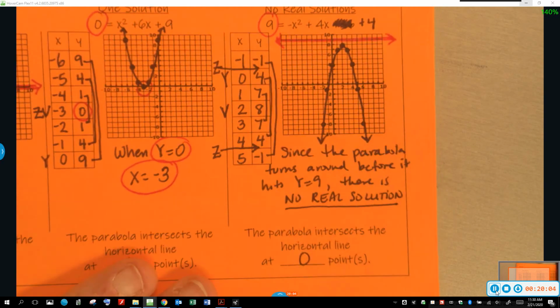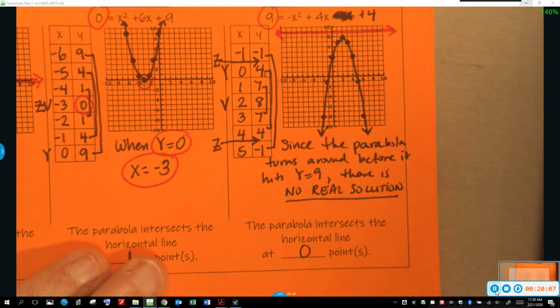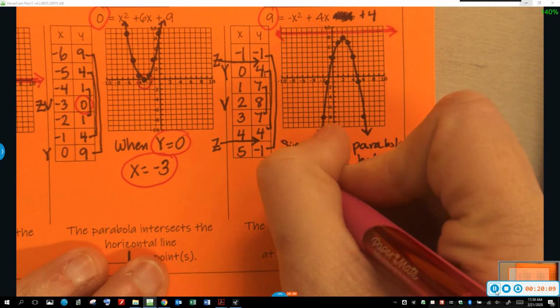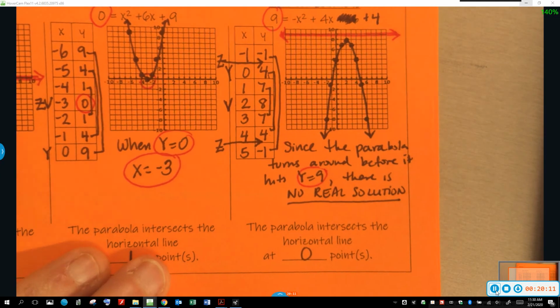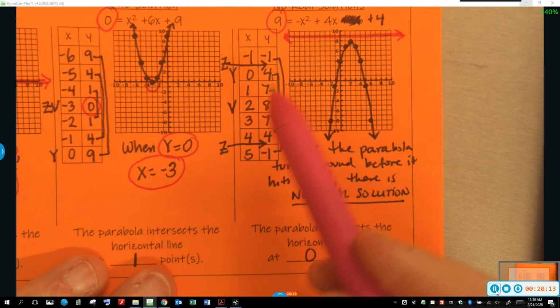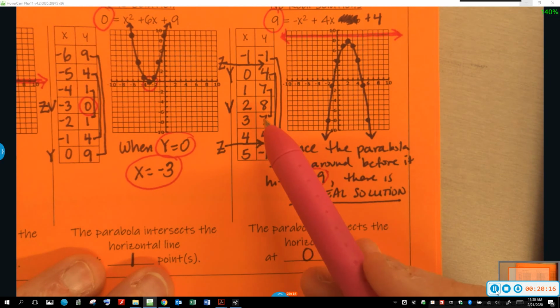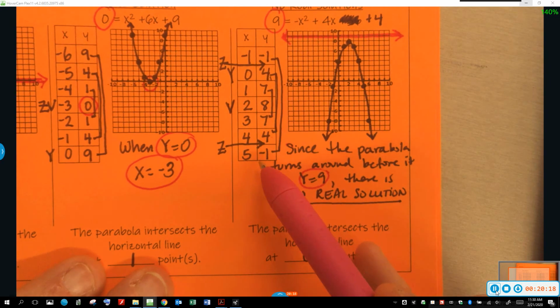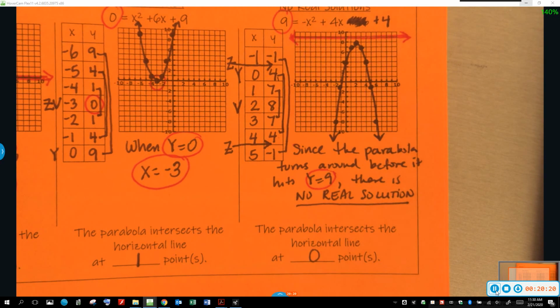So it crosses at 0 points. Okay? And that's why that happens. It happens because the parabola turns around before it hits y equals 9. You can even see it here. It goes -1, 4, 7, 8, then back down to 7. It turns right around at 8. So it never hits that point.